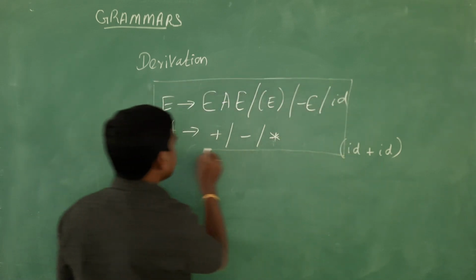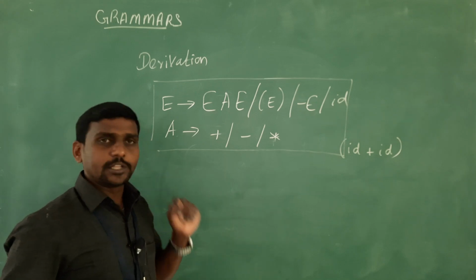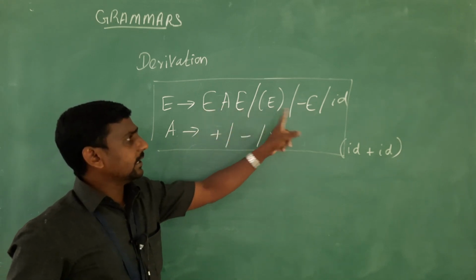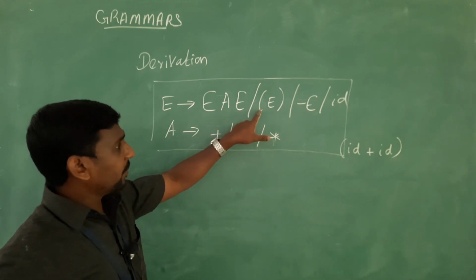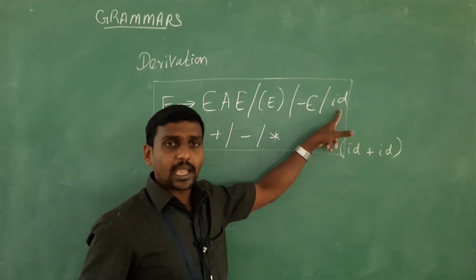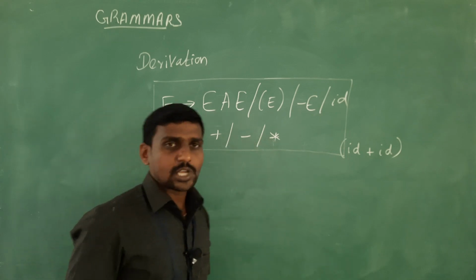Are you accepting this is a grammar? Yes. Why? This grammar consists of G equal to VTPS. Variables are there: E is a variable, A is a variable. And terminals are there: open brace is a terminal, close brace is a terminal, minus is a terminal, ID is a terminal, plus is a terminal, minus is a terminal, star is a terminal.